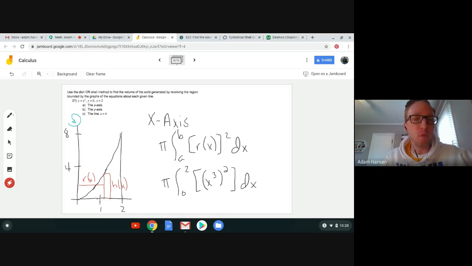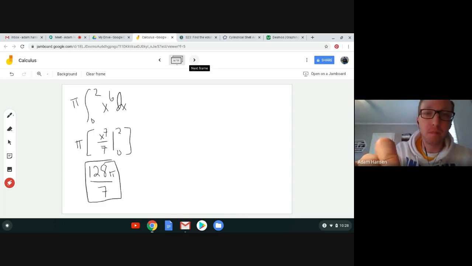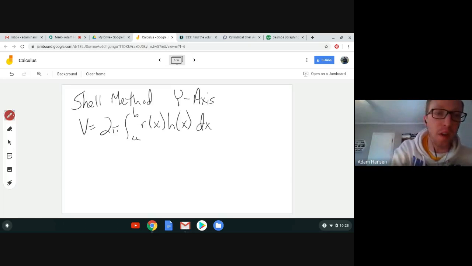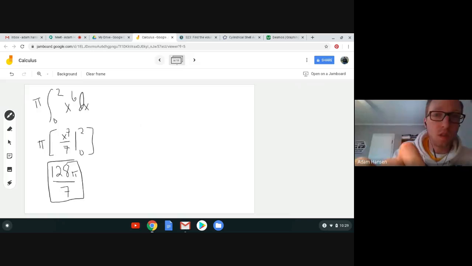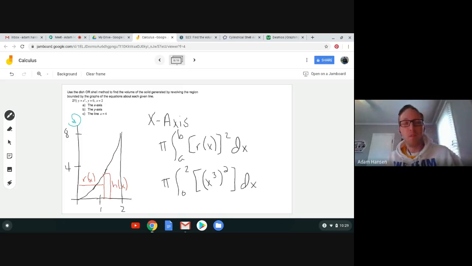So I believe the radius should just be x. Does that sound right? Does that make sense? Since our axis of rotation is on the left and not the right, we can leave our radius as x. How about the height?